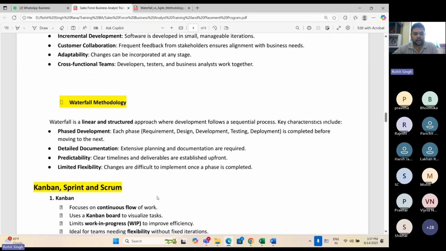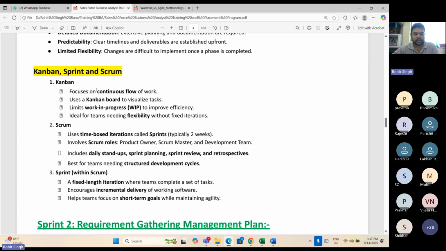Then there are some techniques, some points that we need to discuss in order to understand Agile. Agile means we have Kanban, which means Kanban boards. Agile means we have Scrum, which means Scrum ceremonies. Agile means we have Sprint within Scrum, which are different sprint plannings, different sprints that we perform.